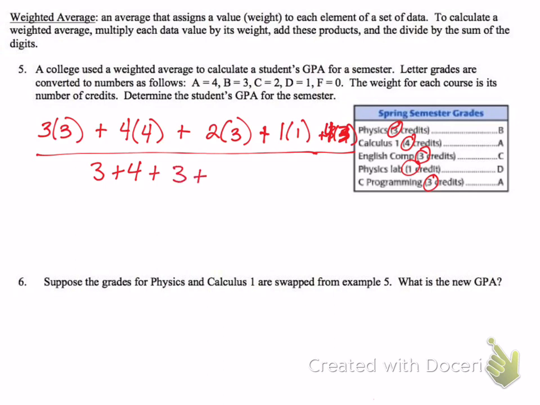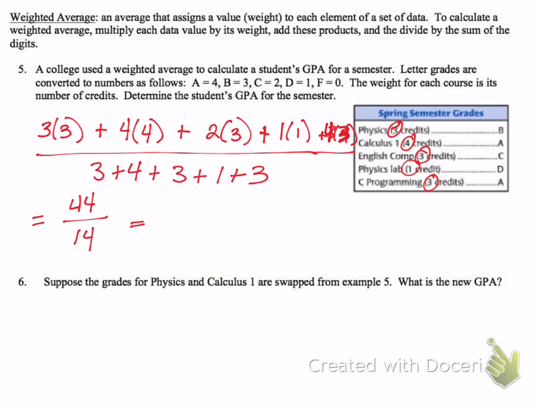That was some quick math, actually. 14. So what do you get for your numerator? 44 over 14.